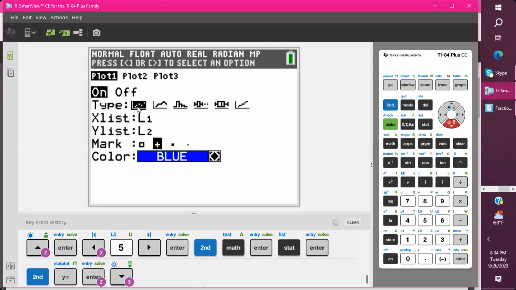So I've turned on my plot, and then very much like Dawn said, especially with the lower grades and with Algebra 1, I want the students to think about the data. We're trying to make these connections with the multiple representations. So rather than using a Zoom stat or a Zoom fit, I always go to the window and have my students decide.